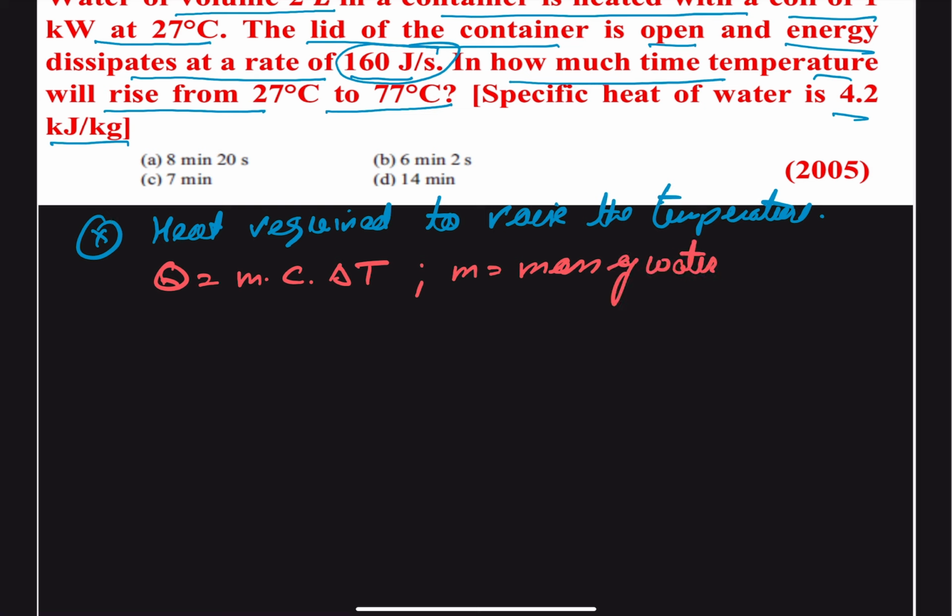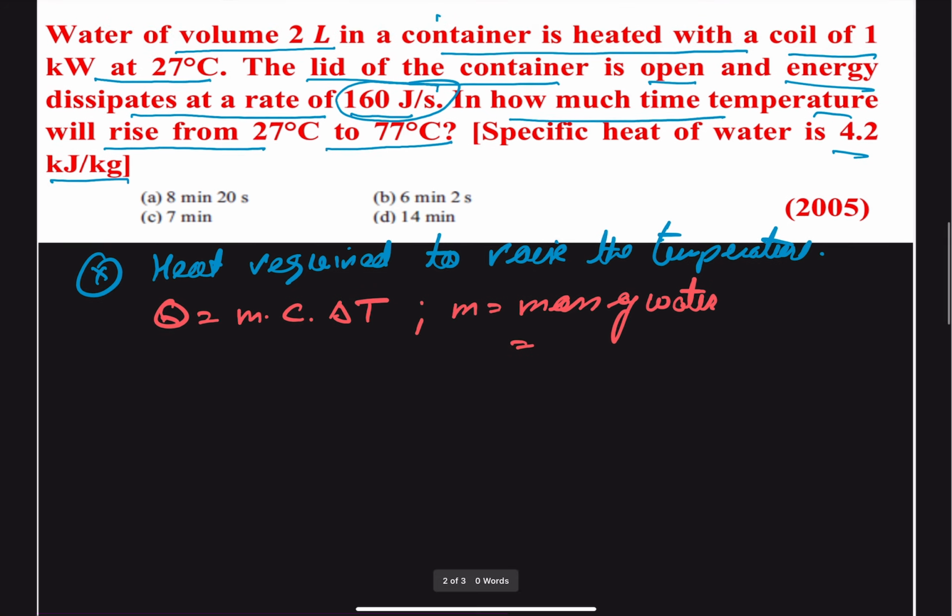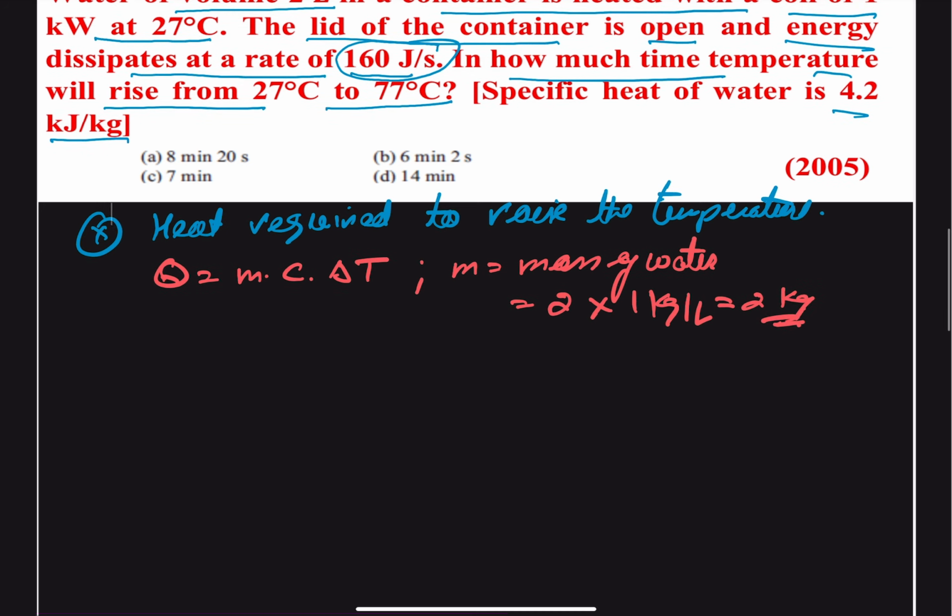We can calculate the mass of water. It is given as 2 liters, so this will be 2 multiplied by 1 kg per liter, and this gives us the mass as 2 kg.